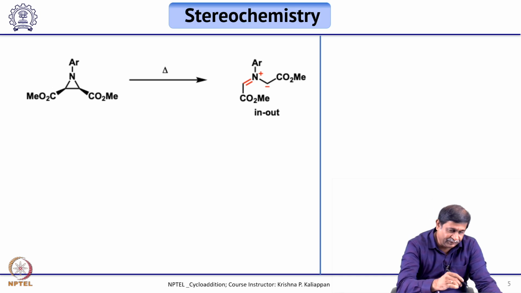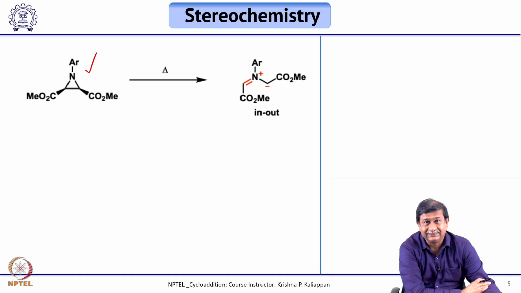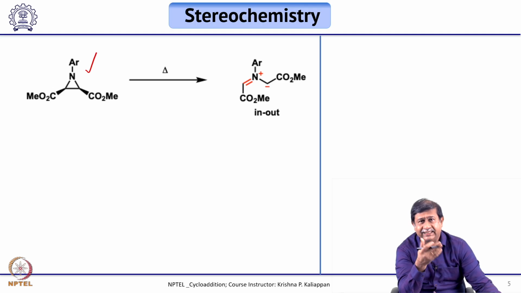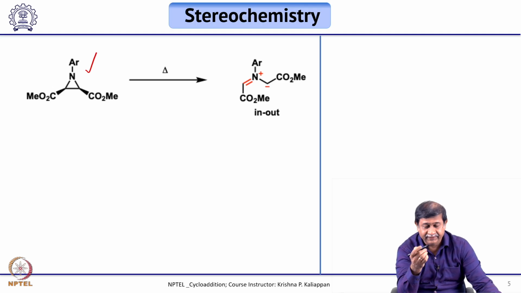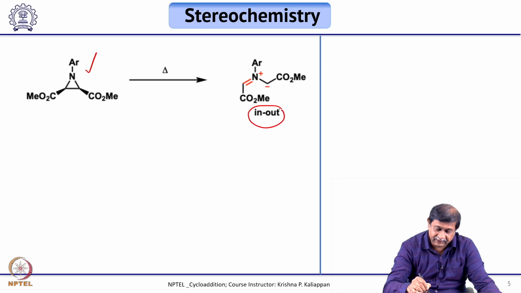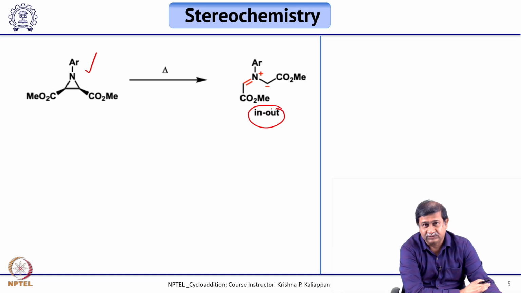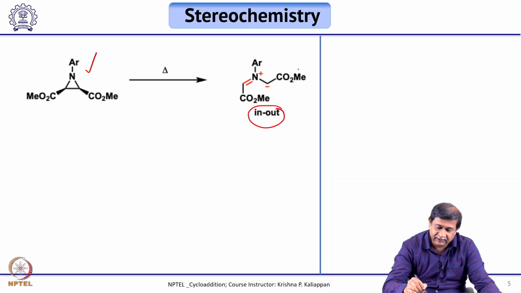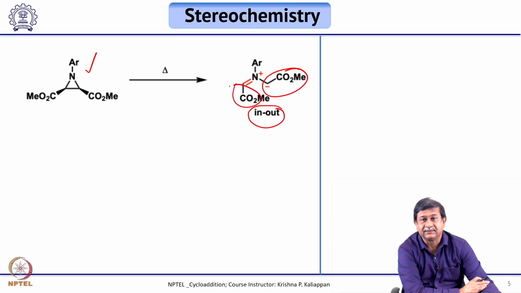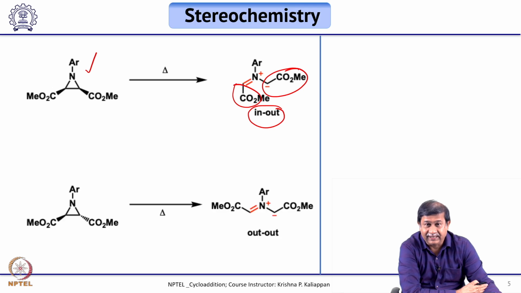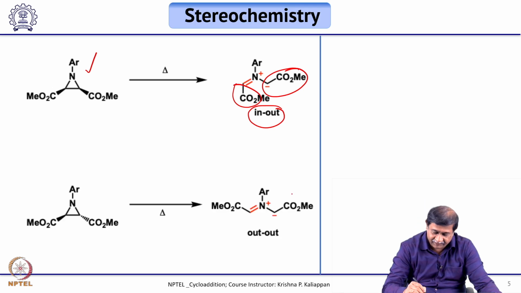For example, if you take this cis aziridine and if you heat it, it's like an electrocyclic ring opening. So under heating condition, the opening is both conrotatory. So you will get this ester and this ester trans to each other.